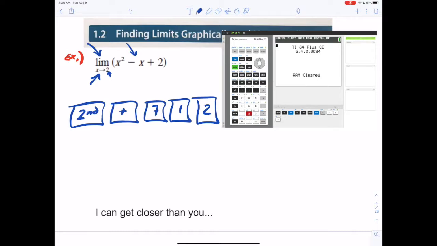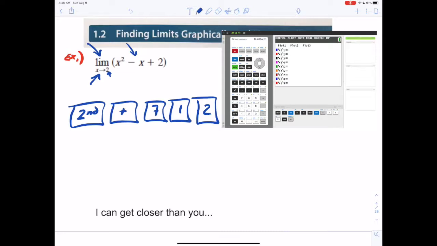All right, so the first thing we want to do is on the upper left, at the very top, there's a y equals button. This is where you get to type in all of your functions, okay? So in this case, we're dealing with the function x squared minus x plus 2. Right next to the alpha button, to the right, you see an X,T,theta,n.